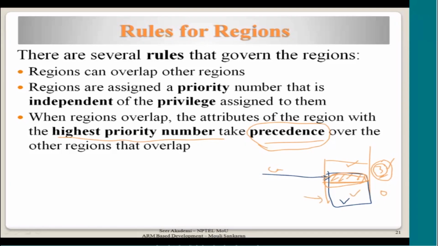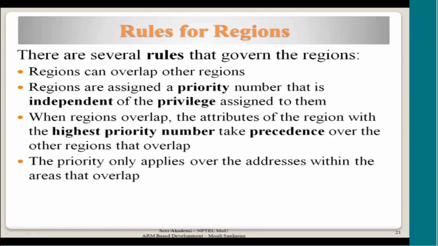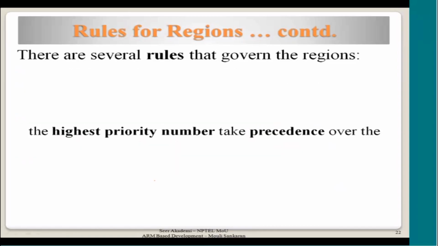Once the access comes here, it will go to this attribute. So the priority only applies over the addresses within the overlap region.